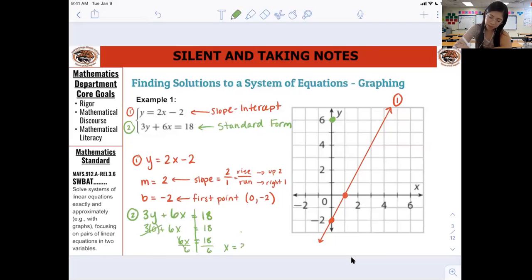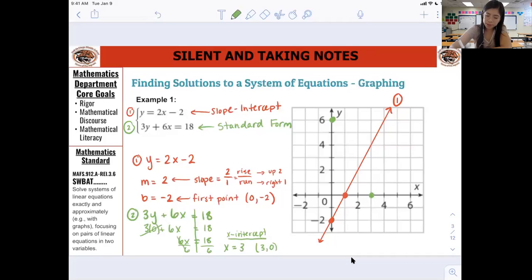And that would be my x-intercept. Because again, we plugged in a 0 for the y coordinate, which means my full coordinate point is 3, comma 0. So that's over here. That's how I got 2 points now.